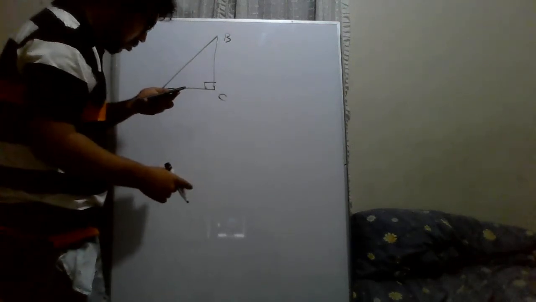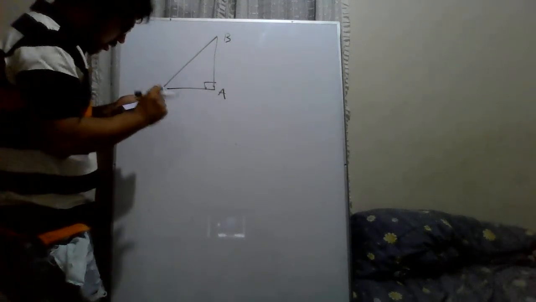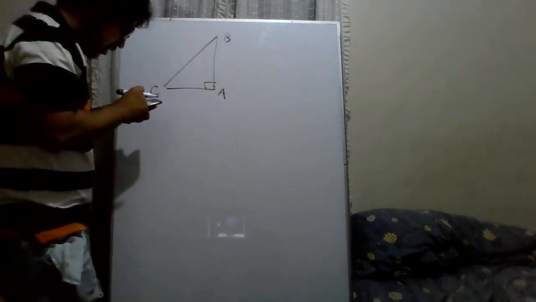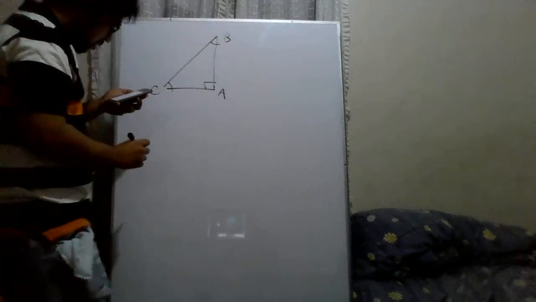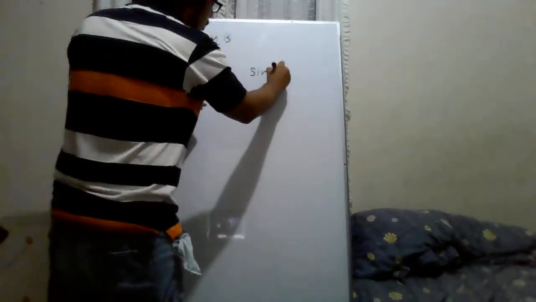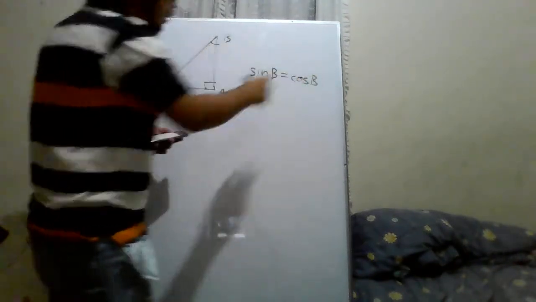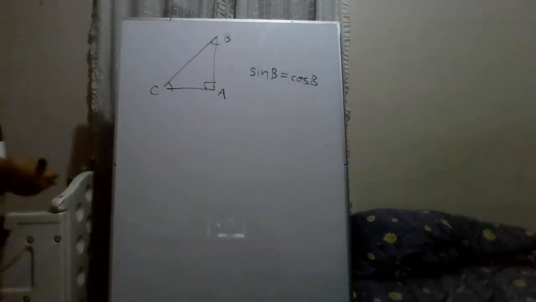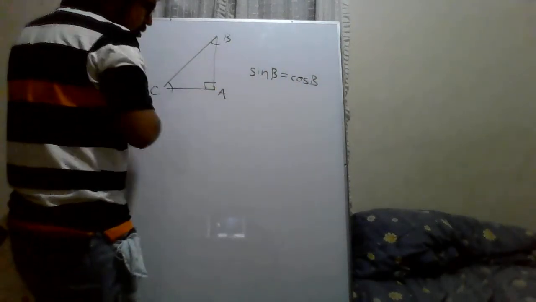In a right triangle ABC with angle A equal to 90 degrees, find angle B and C so that the sine of B is equal to the cosine of B. So this is a condition you have to meet. What are the angles that satisfy this condition in a right triangle?